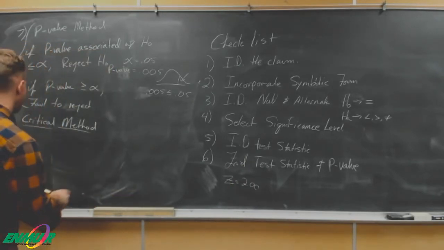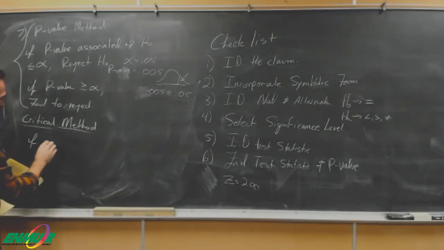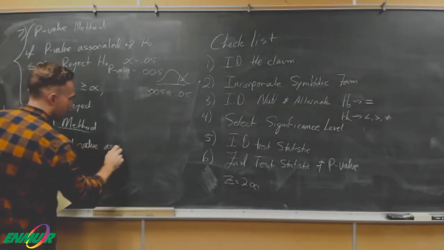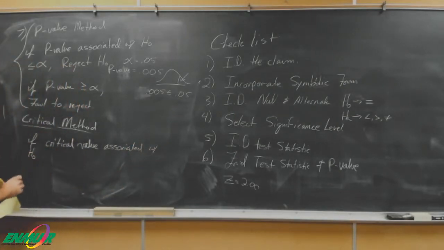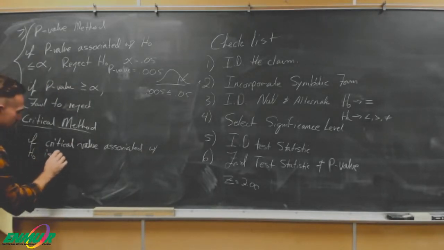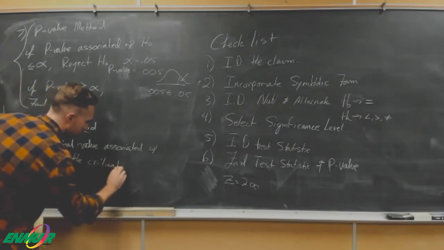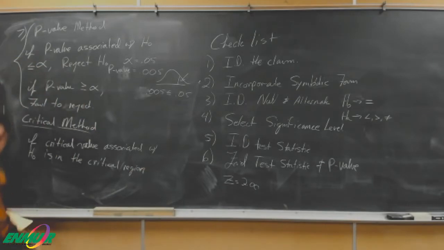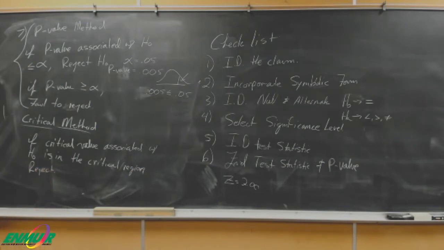Now, if the critical value associated with H naught, or the null hypothesis, is in the critical region, if it's in the critical region, then I am going to reject it, okay?